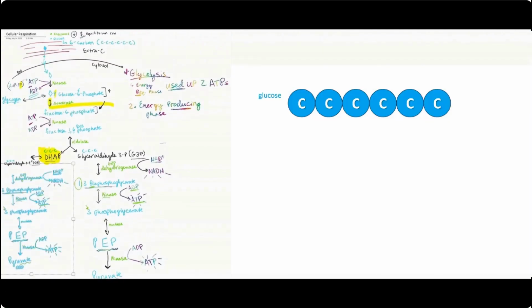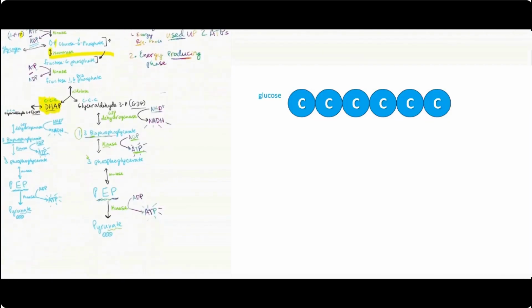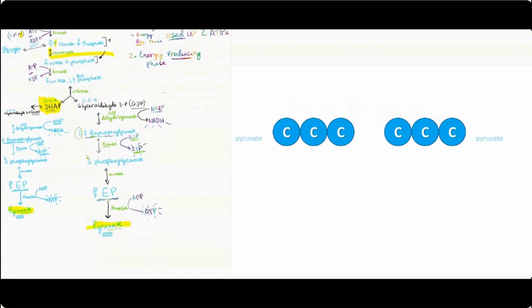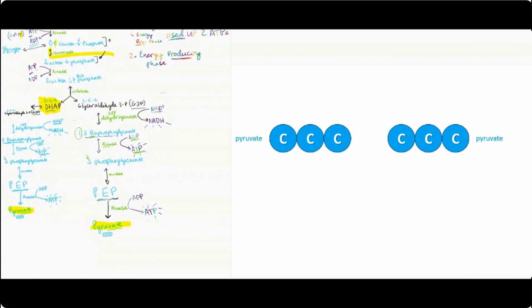So basically for every 1 molecule of glucose that goes into this system, we end up with 2 pyruvate molecules, which are 2 3-carbon molecules. And we also end up with 2 ATP molecules. And we also added into the system an NADH molecule. And that's just for this side, right?